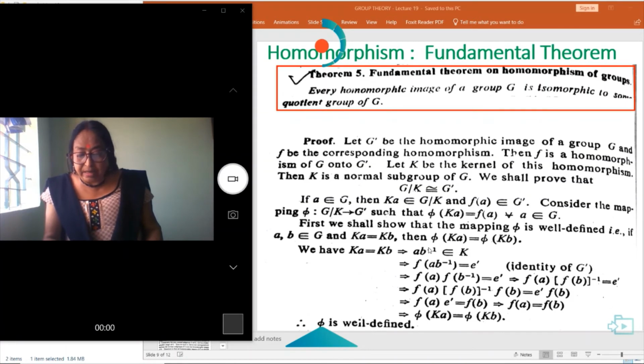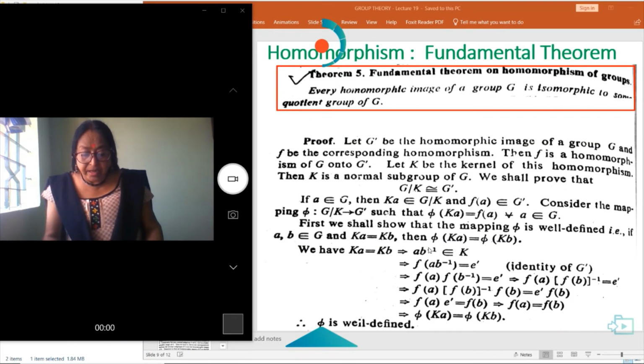Let K be the kernel of the homomorphism. Then K is a normal subgroup of G. So G/K is isomorphic to G'. If a belongs to G, Ka belongs to G/K and f(a) belongs to G'.